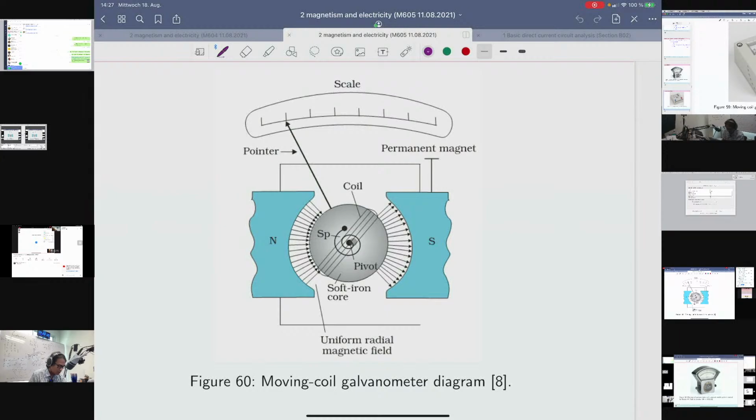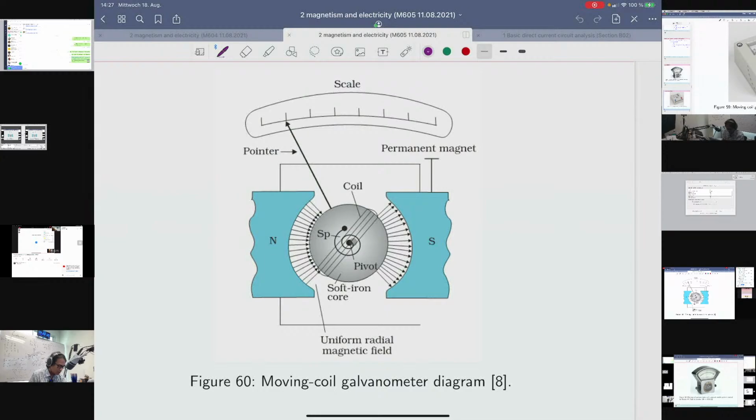Now we go ahead with the structure inside the galvanometer. For example, at the beginning the needle just stays at this position.